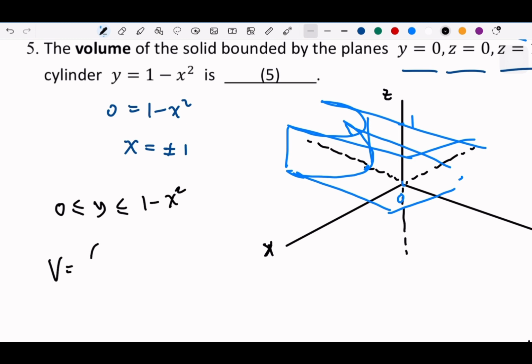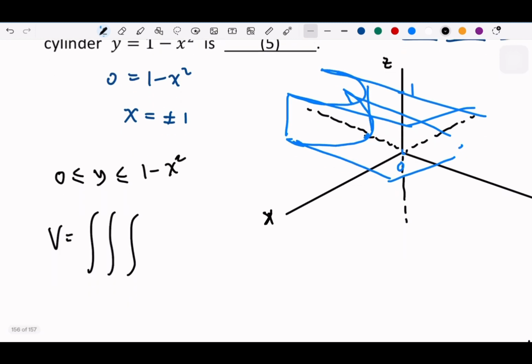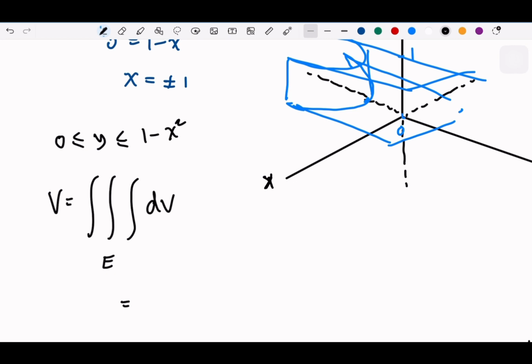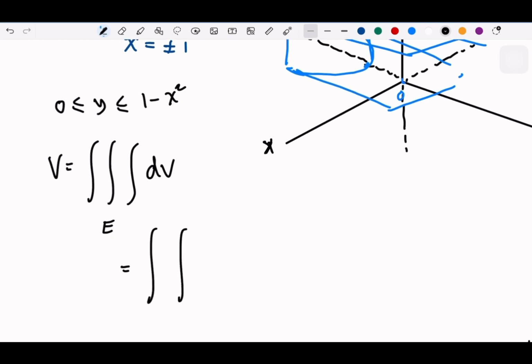So we could write down the volume. The volume is basically over the boundaries, supposed boundaries E, and this is just dV. This is just the formulation. So what we need is, we take the function of two variables for y, so this will be 0 to 1 minus x squared, dy, okay?